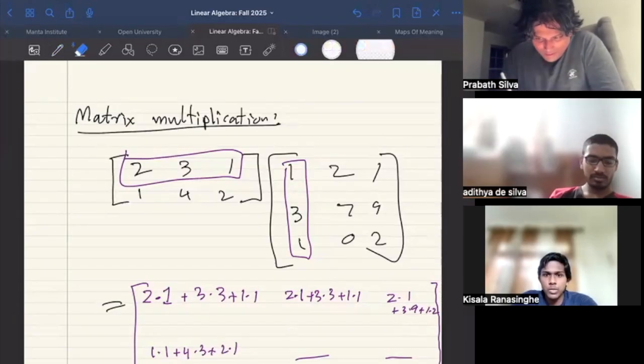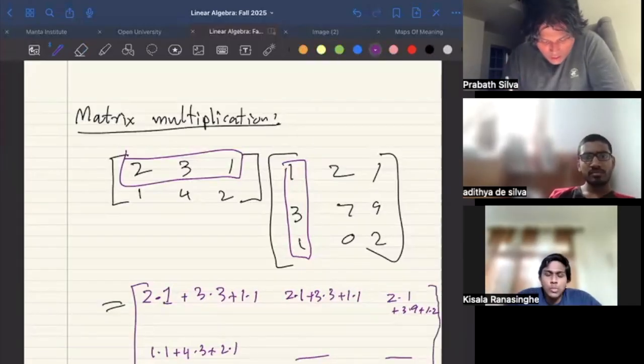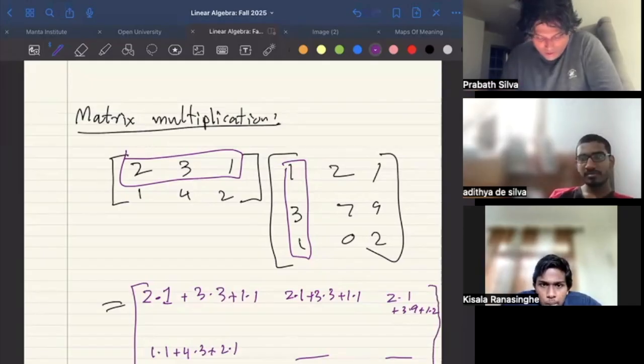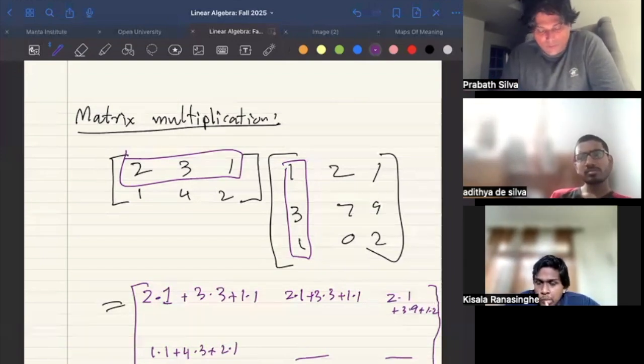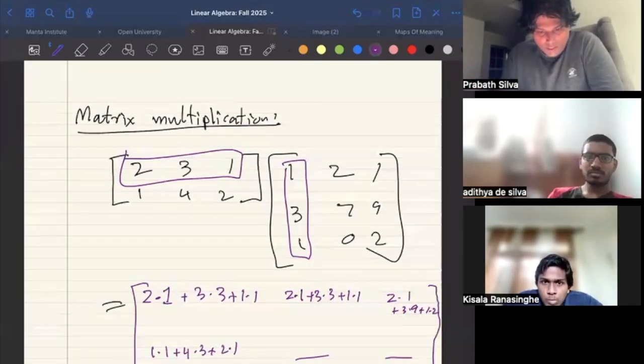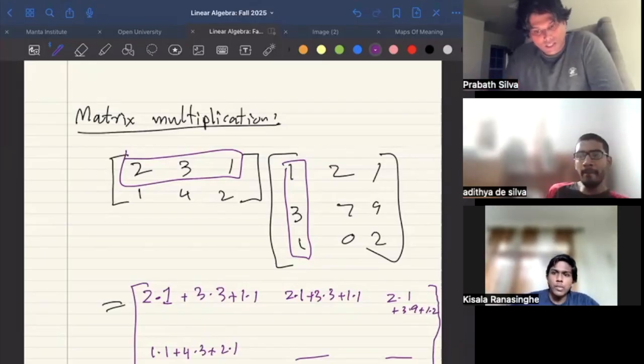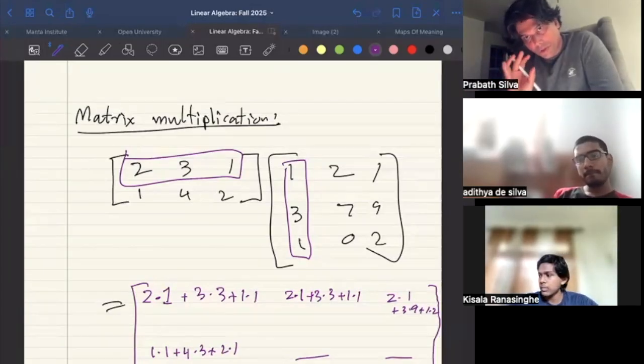This is a funny way of multiplying, but you can ask why multiply this way, and we can answer that question later. So when we define maps between linear vector spaces, those would be linear transformations, and you will be able to represent them by matrices.